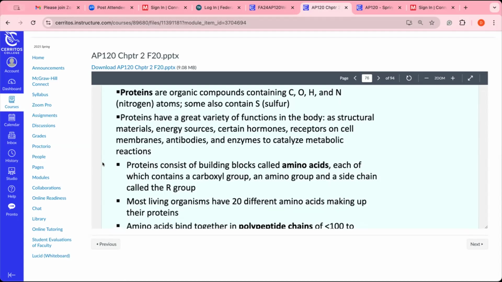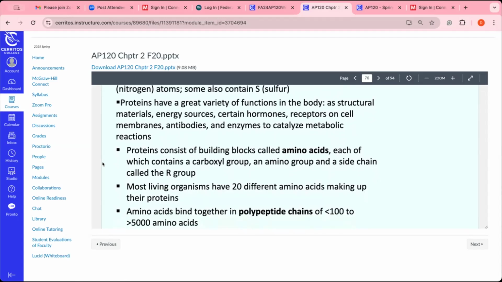Amino acids are the building blocks of proteins. Proteins consist of building blocks called amino acids, each of which contains a carboxyl group, an amino group, and a side chain called the R group.